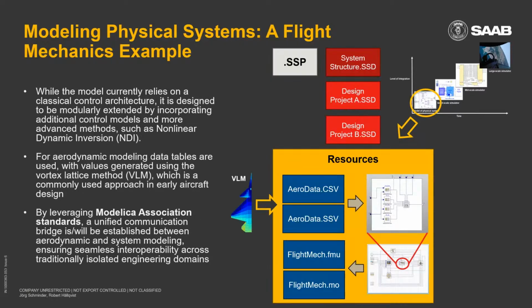So what you see now is actually how the model is basically built up. I will not go into all the details now. So basically the model has, like most flight mechanic models, a flight mechanic component, a flight control part, an atmospheric model, an engine model, and an aerodynamic model.